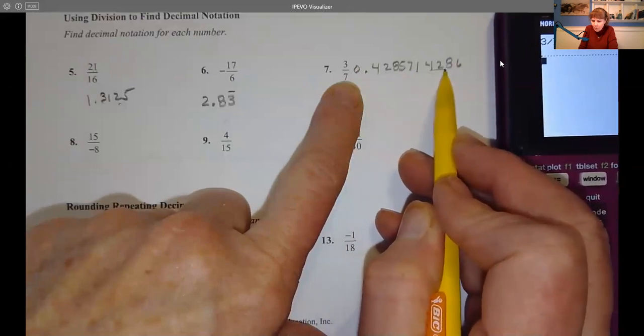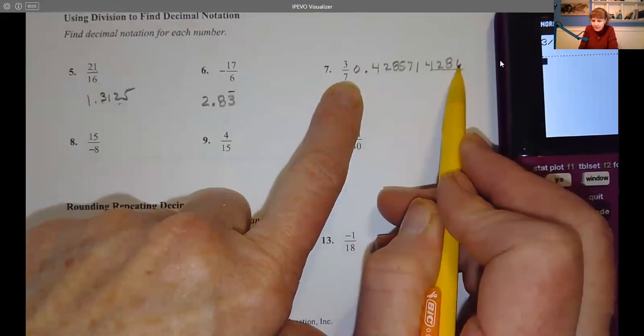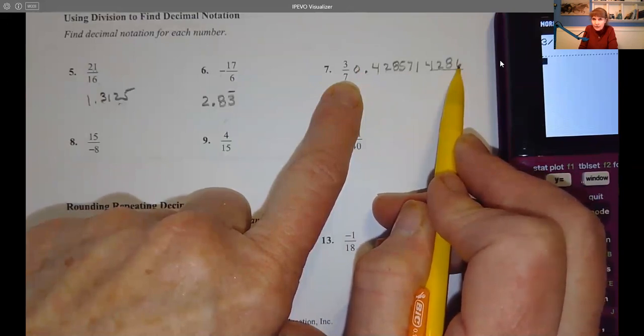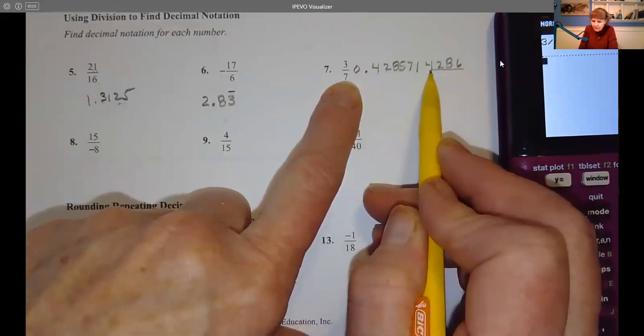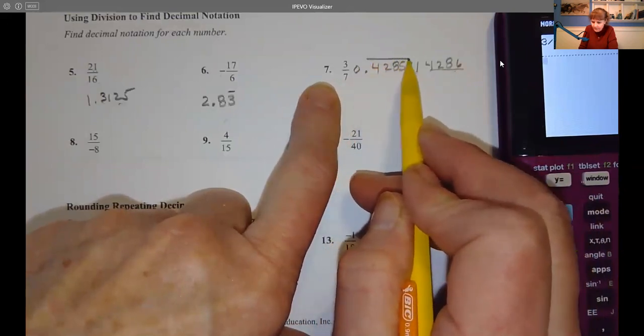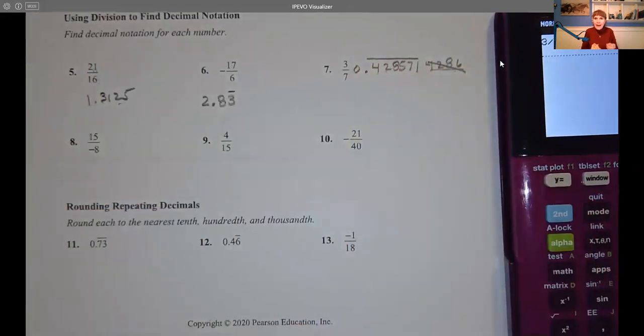0.428571, 428. The reason that's not a 5 is because your calculator rounded off at the end, and it always does that. So you're going to have to reason through these. So here it's going to start to repeat this again. So really look for a pattern.